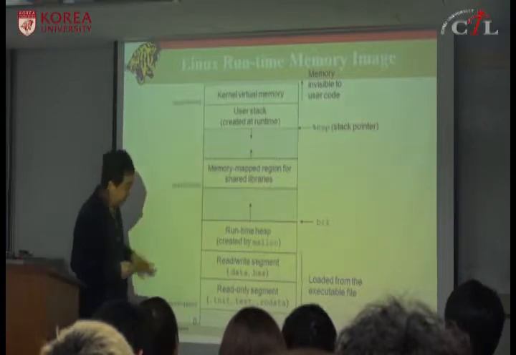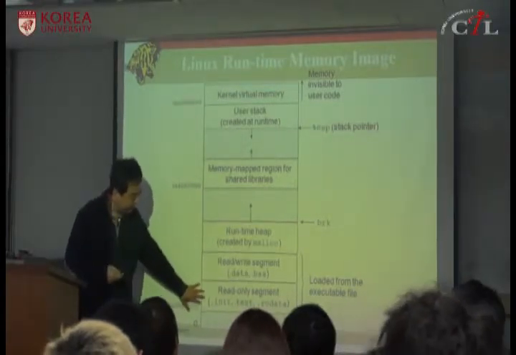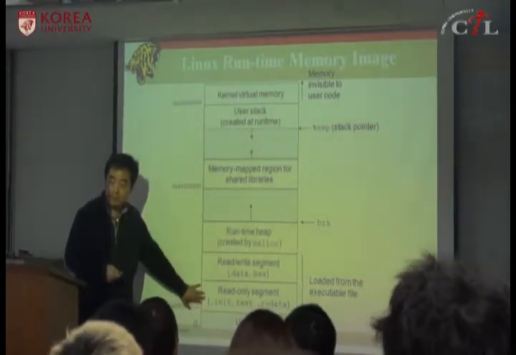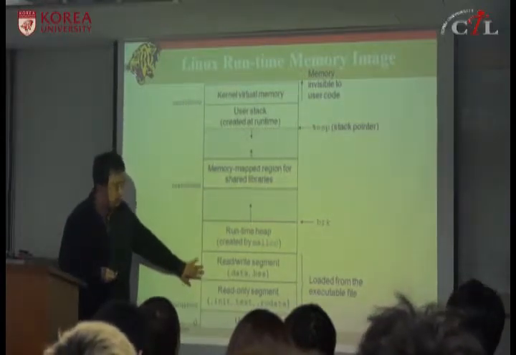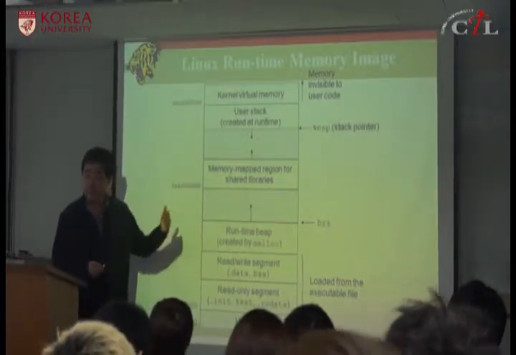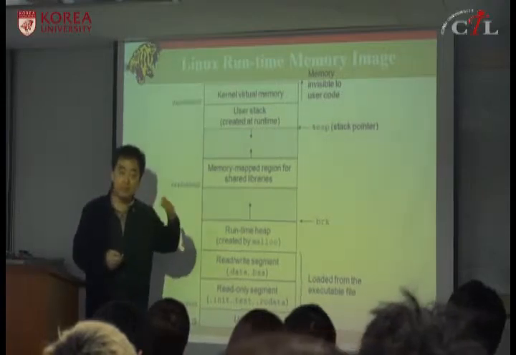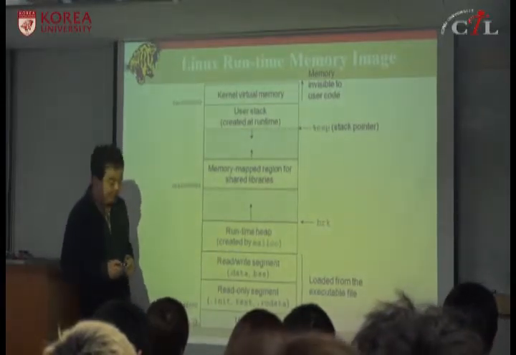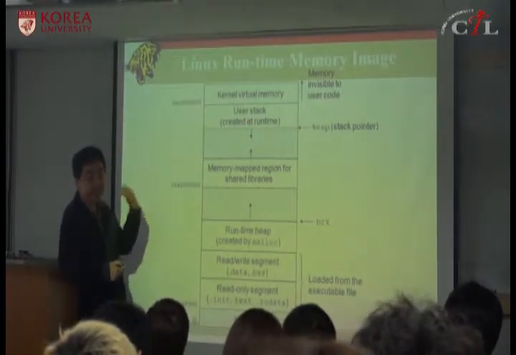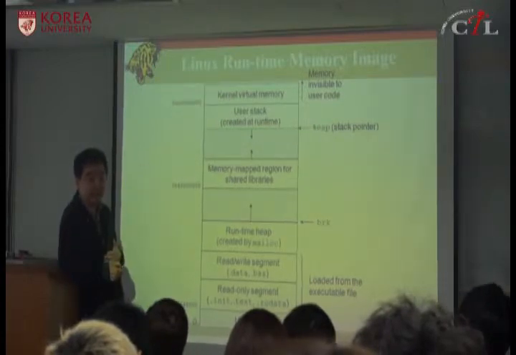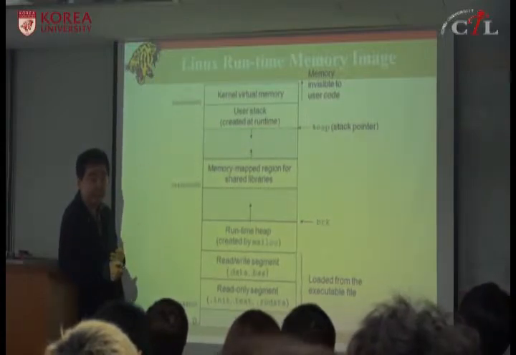They put the text segment here right after the initialization routine. They put the data segment here, so they know the starting address. They put them one by one, and then they can determine all the addresses of the symbols, either function address or variable address.